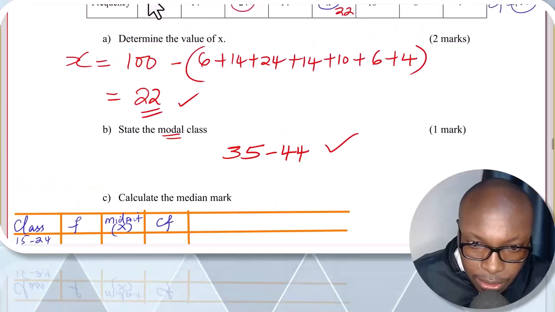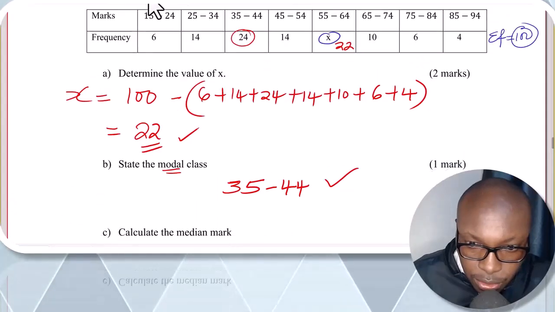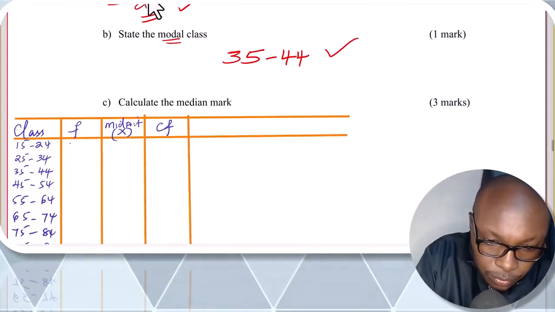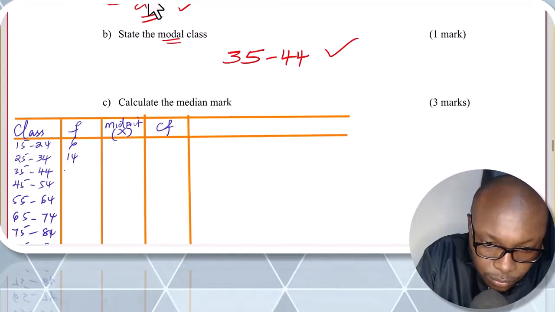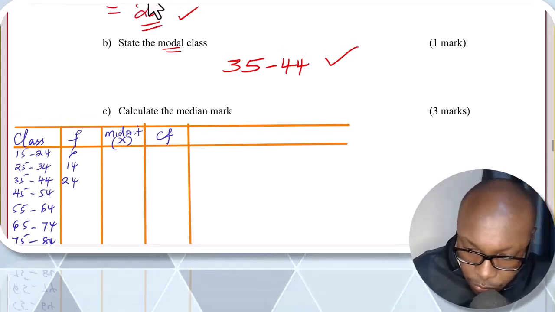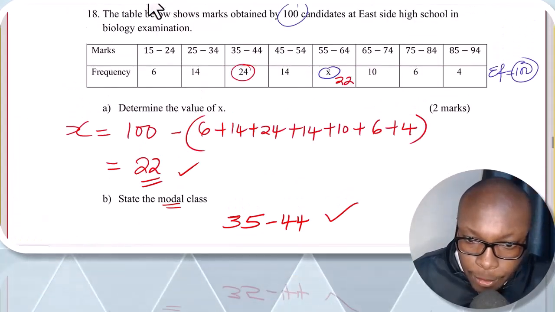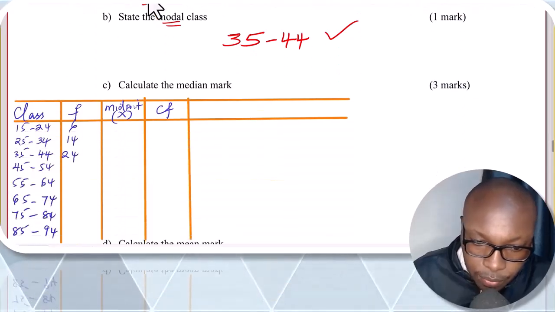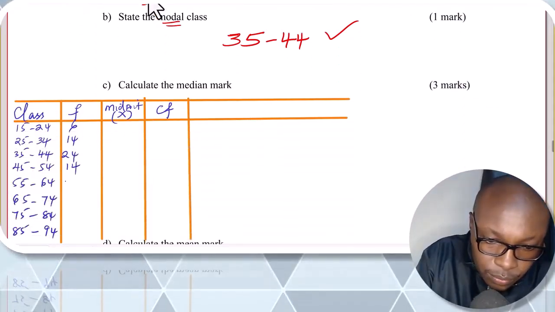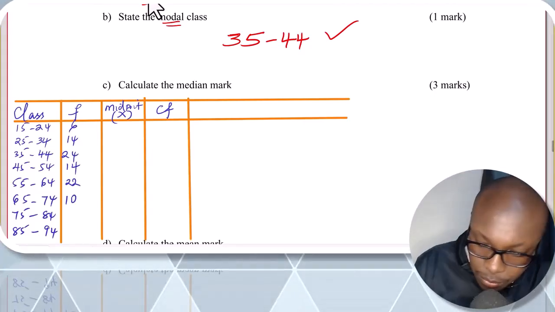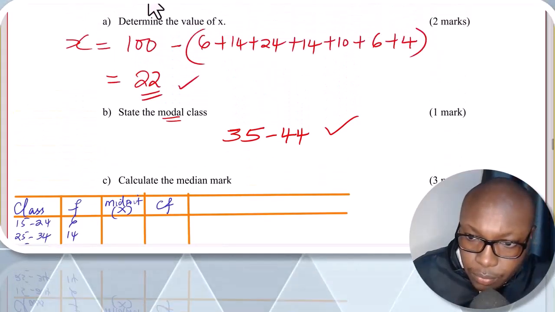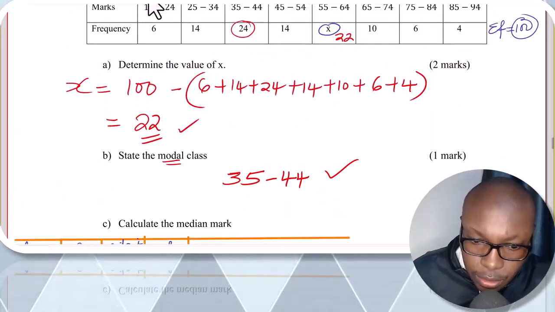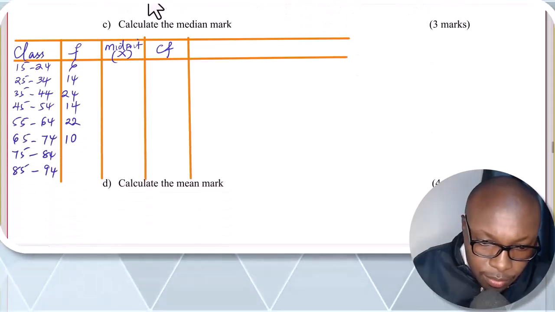Then the frequencies are 6, 14, 24, 24, and then we have 14, 22, 10, then 6 and 4, the last ones are 6 and 4.